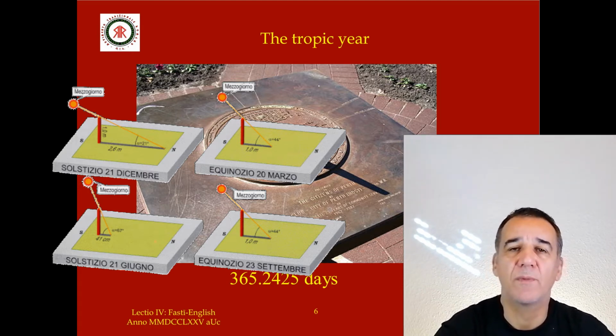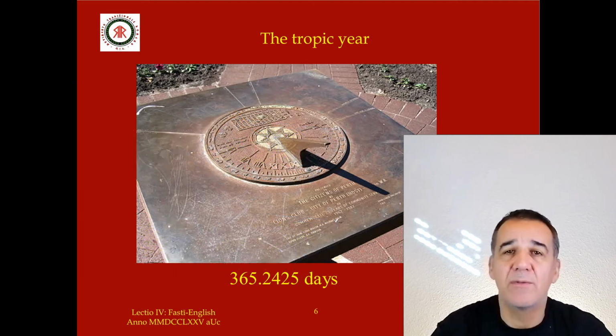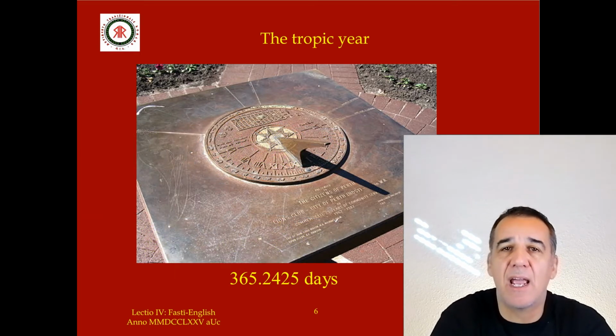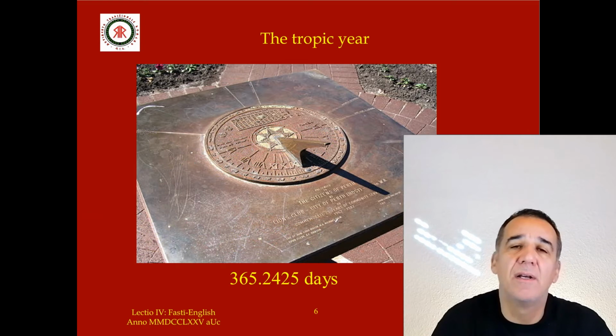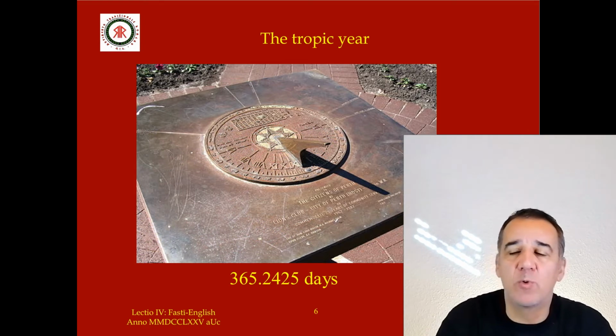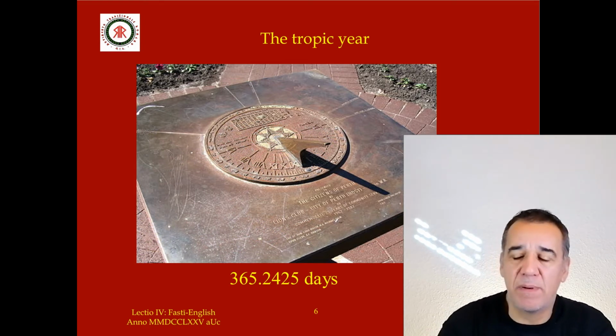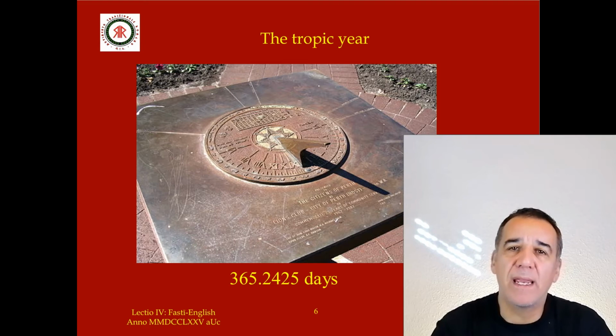So what they did, if we do the same exercise, we can see actually that if we measure the time between the two periods of the year when the length of the shadow is at the longest, then we can find that this length of time is 365 days.